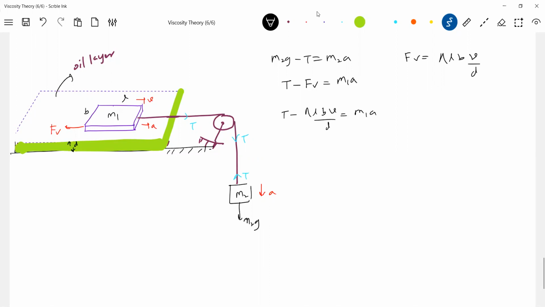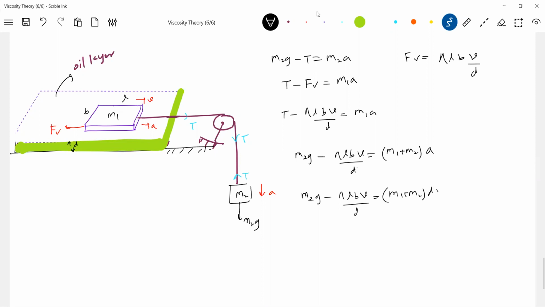I'll add up these two. m2g minus eta L B V by D is equal to (m1 plus m2) into a. What is a? a is dV by dt. Get ready for all mass-based problems.